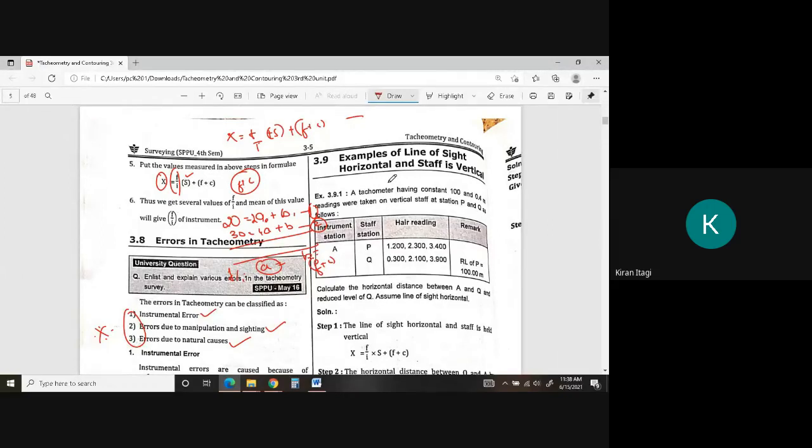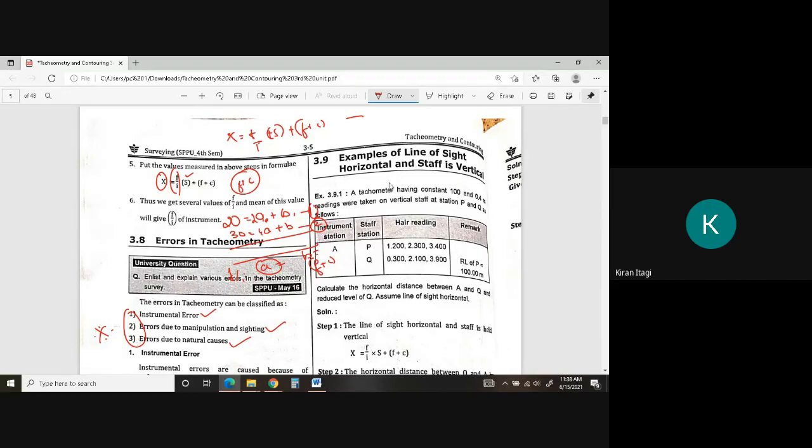Here the question is like this: a tachometer having constants 100 and 0.4 meter, readings are taken on the vertical staff at stations P and Q as follows. Calculate the horizontal distance between A and Q and the reduced level of Q. Assume the line of sight is horizontal.